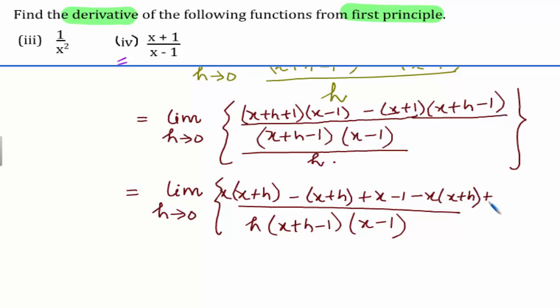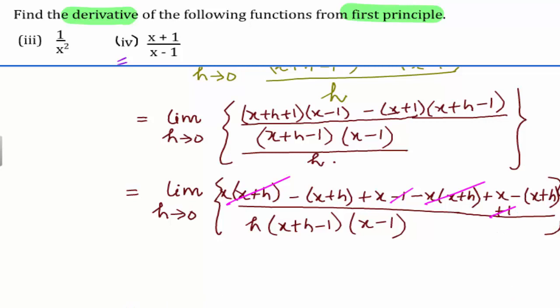Now multiplying 1 with x plus h we get minus of x plus h, and then 1 into minus 1 is minus 1, and minus into minus is plus. Now cancelling the terms, x into x plus h cancels out with minus x into x plus h, and minus 1 with plus 1.